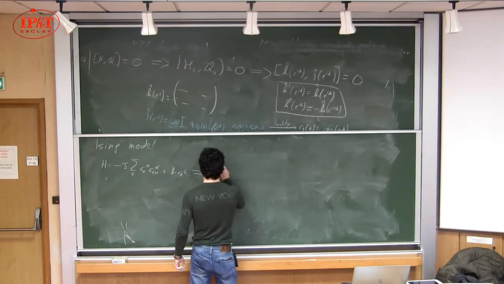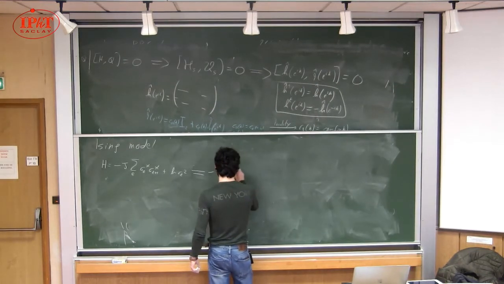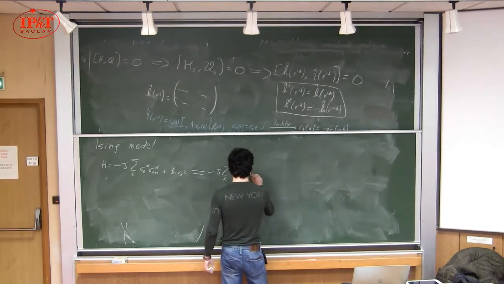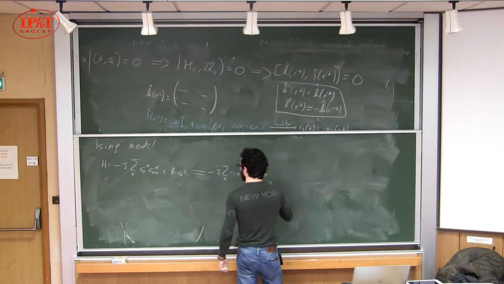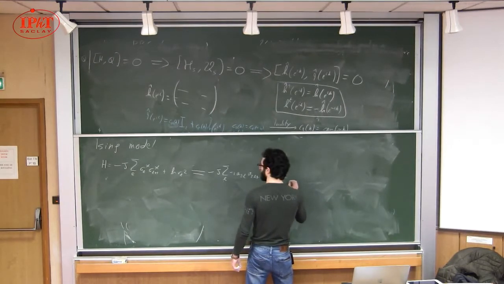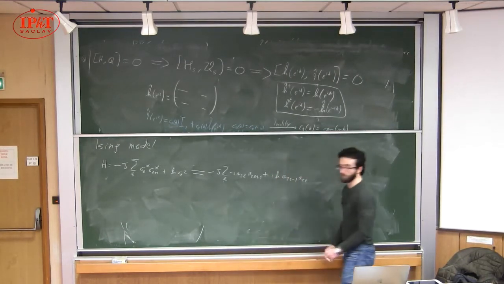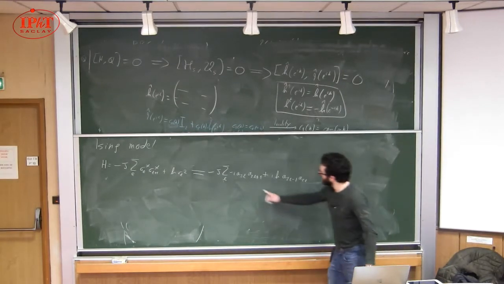This is equal to minus iJ sum over l of a_{2l} a_{2l+1} plus i h a_{2l-1} a_{2l}. This is what you find if you apply the Jordan-Wigner transformation.